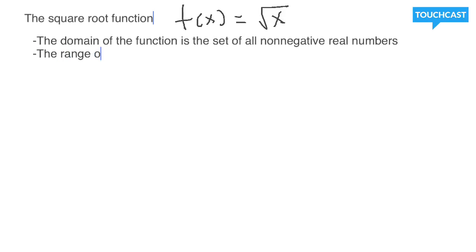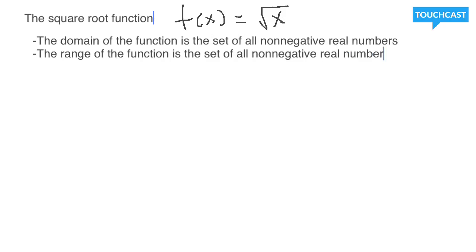The range of the function is the set of all non-negative real numbers, because any non-negative value we put in for x is going to give us a non-negative value for f of x.